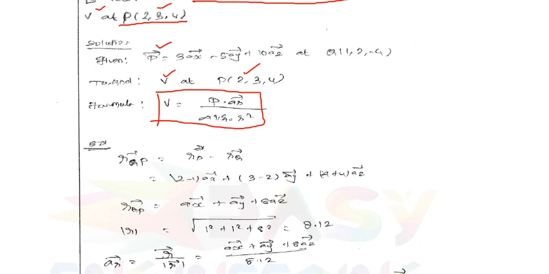We know the values of P as well as Q. So 2 minus 1 into ax vector, 3 minus 2 into ay vector, and 4 plus 4, and finally we get ax vector plus ay vector plus 8 az vector, and we have to find the modulus of R also.